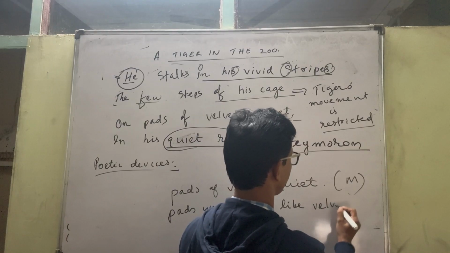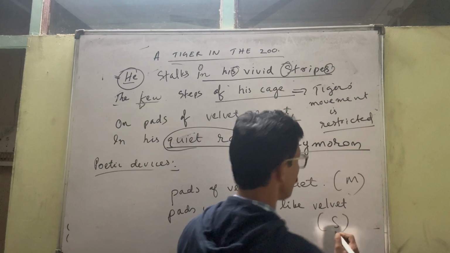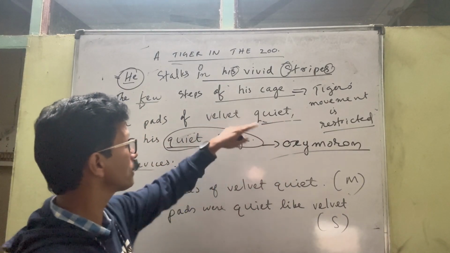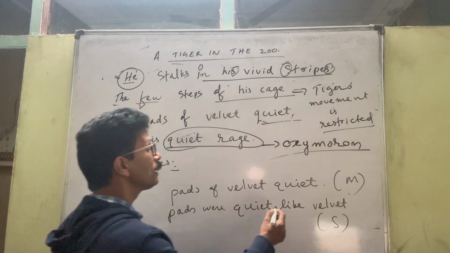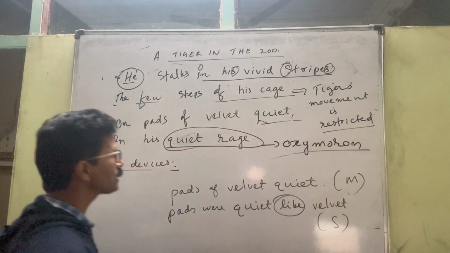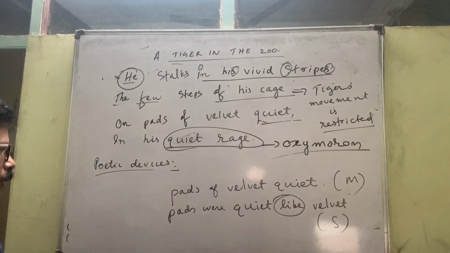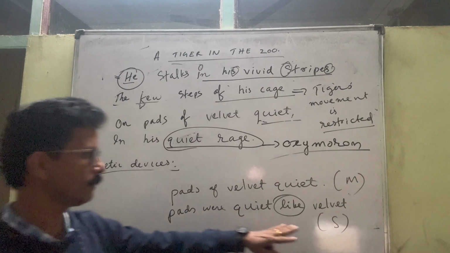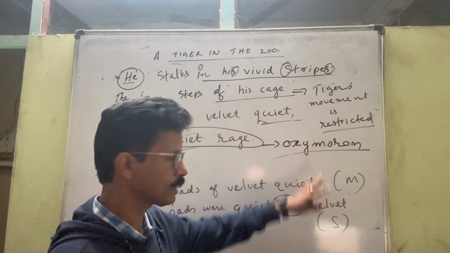This is simile, but no simile is used in this stanza, because here he has not used the word 'like' or 'as'. So in this stanza the poet has not used a simile, he has used a metaphor.